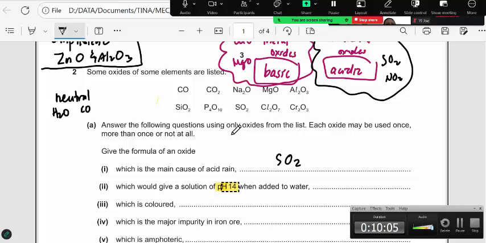Same as just now, the answer is Na2O, because Na2O dissolves in water to form NaOH. Which is colored? I think I taught you this that day. Transition metal. In all of this, there's only one transition metal, which is chromium.